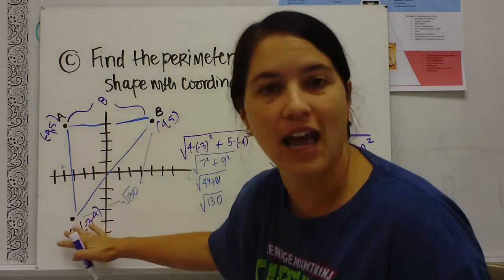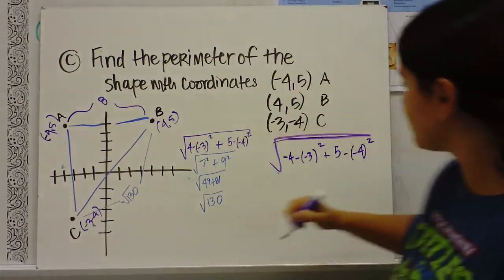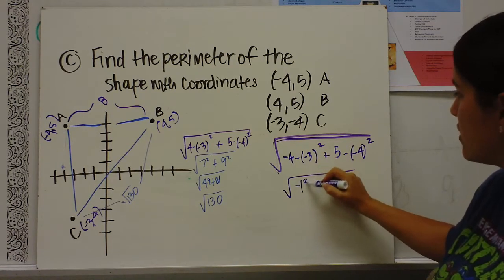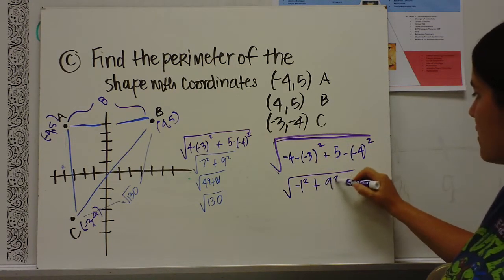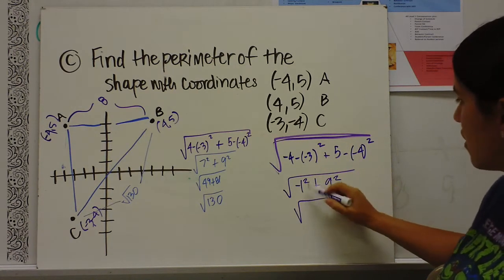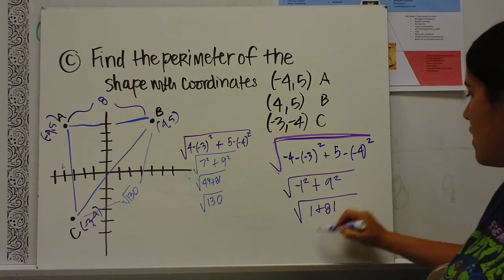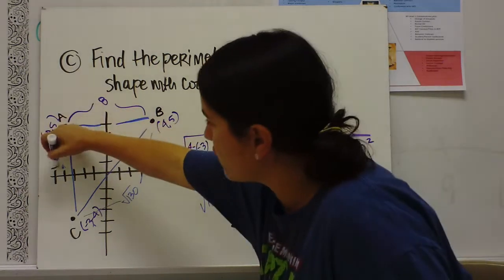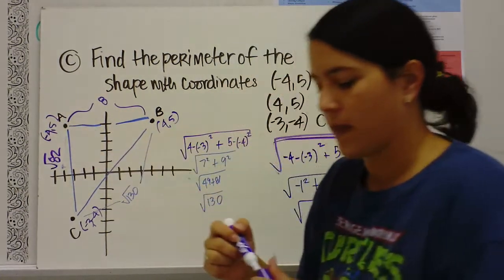So x minus x, y minus y. This is going to be negative 1 squared plus 9 squared, which is 1 plus 81, so the square root of 82. So this value over here is the square root of 82.